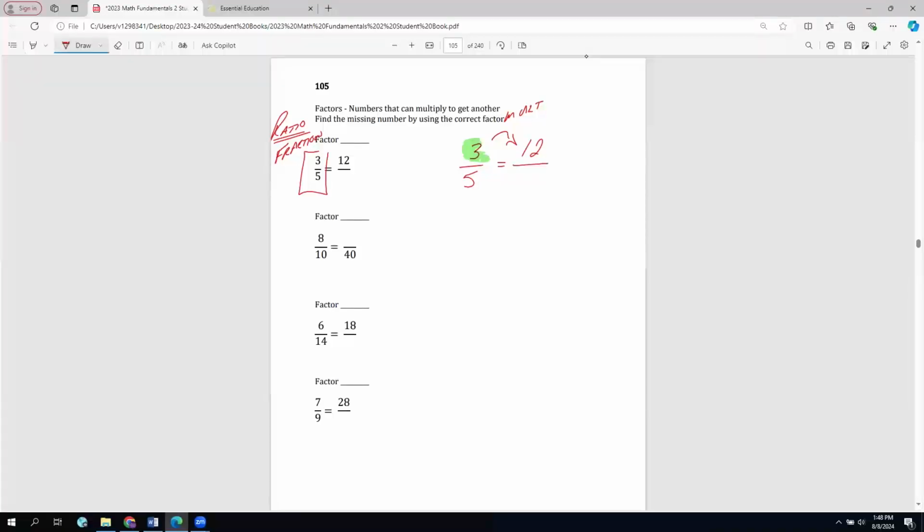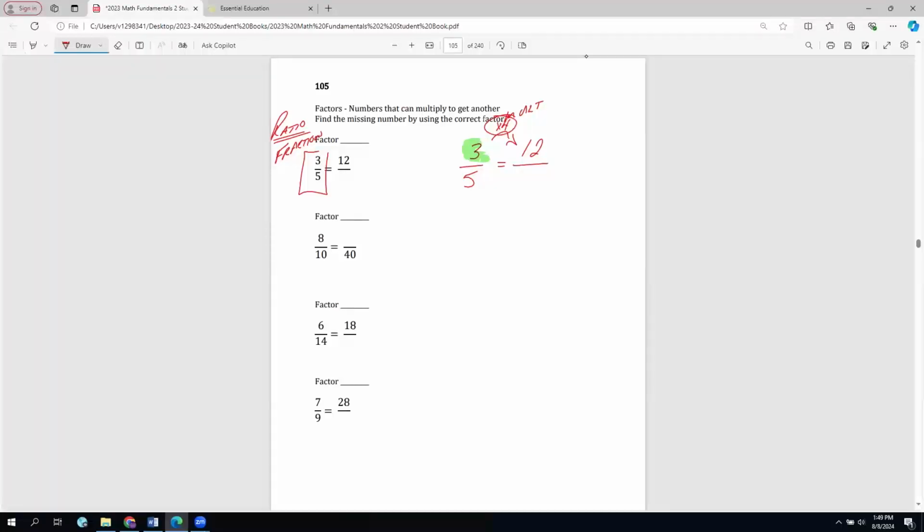So I would ask you, what number can I take 3 and multiply it by to become 12? You would say, well, 3 times what is 12? You'd say, that's 4, right? I'd say, yeah. If I want 3 to become a 12, I would have to multiply it by the number 4.